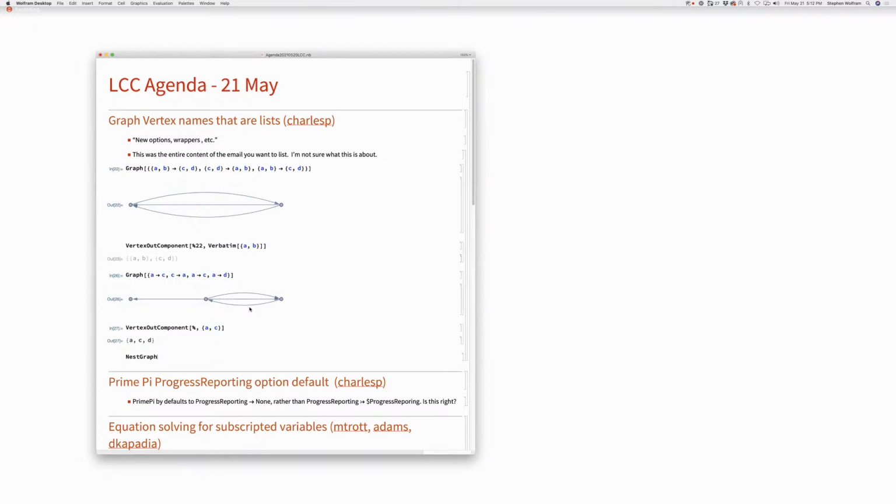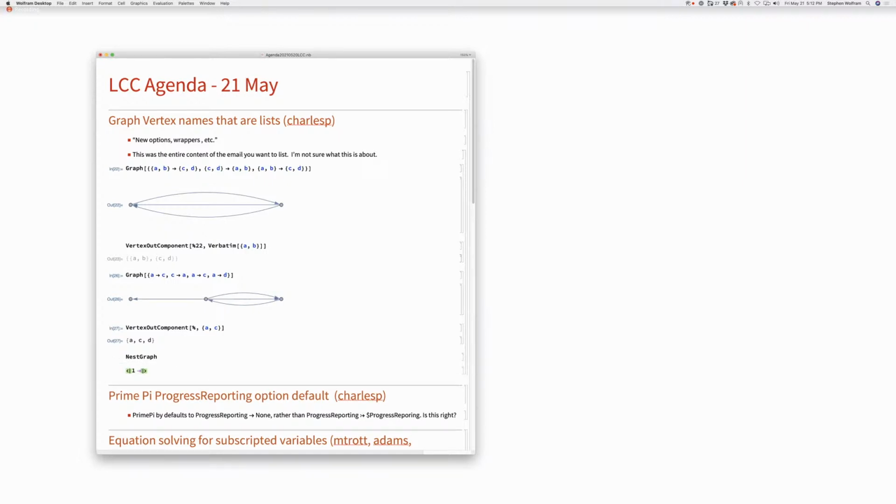Okay, first point. Second point, graphs with ports. We're going to need graphs with ports. You know what I mean by that? Yes. And why is it that syntactically we can't be using an association type syntax, or am I crazy here?